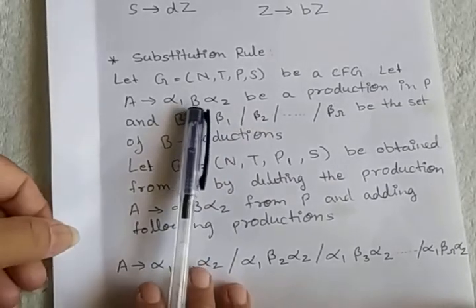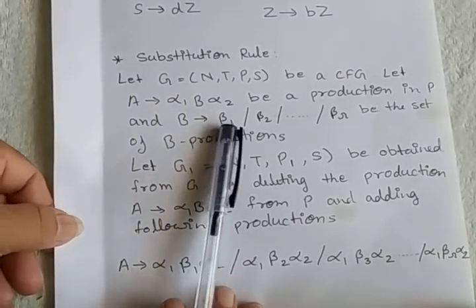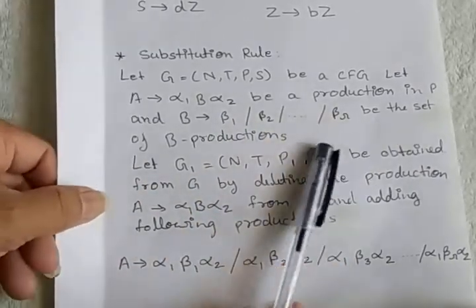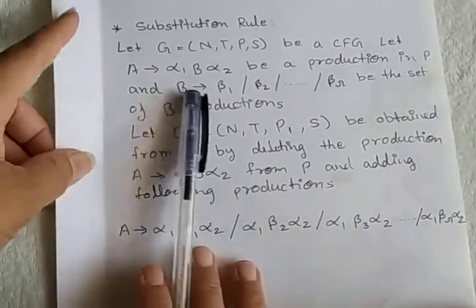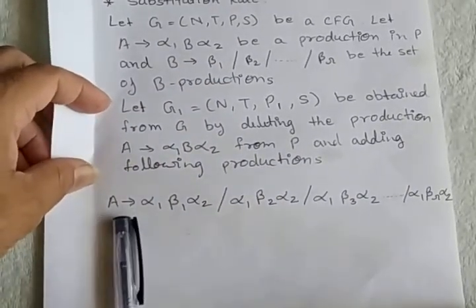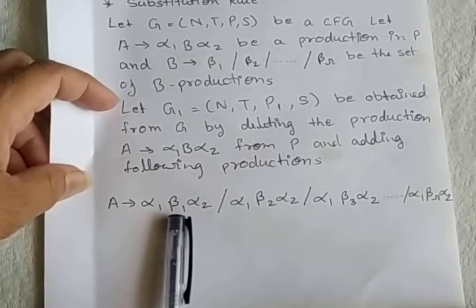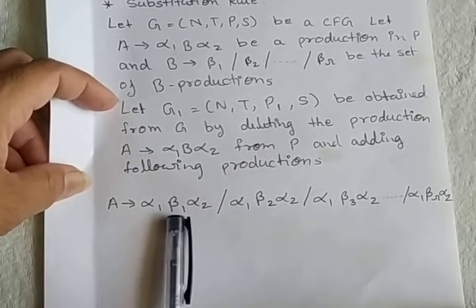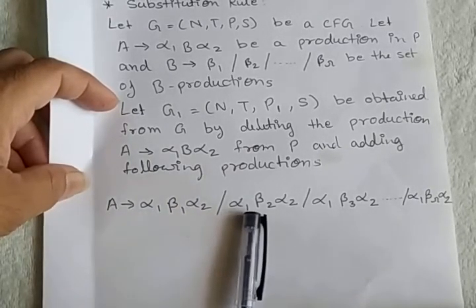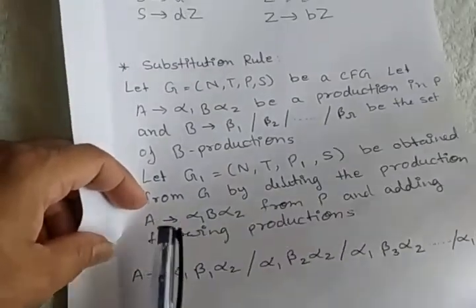Here in place of B, I can use either beta 1 or beta 2 or beta 3 up to beta R. So in place of this rule, I can use A tends to alpha 1 beta 1 alpha 2. See, in place of B I have used beta 1. Or I can have A tends to alpha 1 beta 2 alpha 2 and so on. So this is the substitution rule.